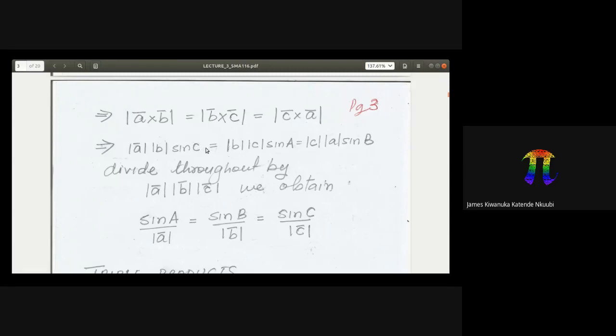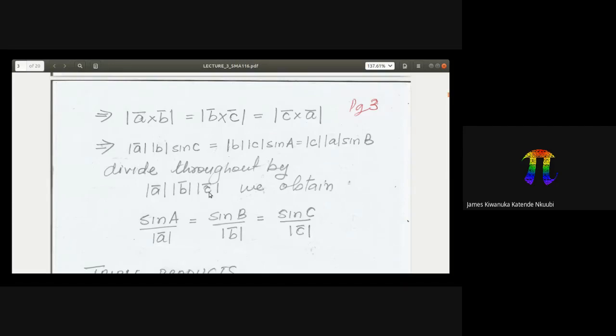I think you did this in high school. The standard way of naming a triangle. You're familiar with that, right? Yes. So then this is the magnitude of B, the magnitude of C times the sine of A, and the magnitude of C times the magnitude of A times the sine of B.